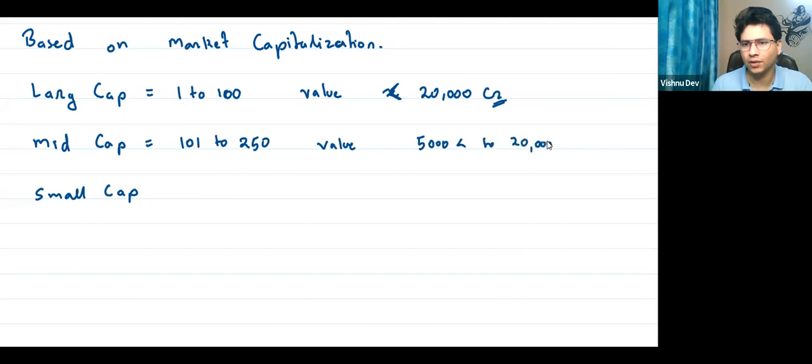Again, the valuation depends on the share price. I will give you examples of which company is large cap and which is small cap. Companies 251 onwards are small cap, and their market valuation can be anything less than 5,000 crores.